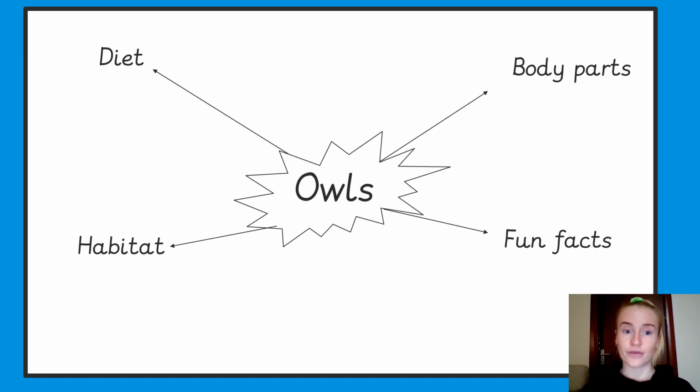I've then written our 4 subtitles on the outside: diet, habitat, body parts, and fun facts. And you guys can just jot down some information underneath each of these subtitles, and you can just do bullet points. You don't have to write full sentences. So that's one idea. You guys could get a blank piece of paper and just write owls in the middle, the 4 subtitles around the outside, and jot down some ideas in our researching lessons.